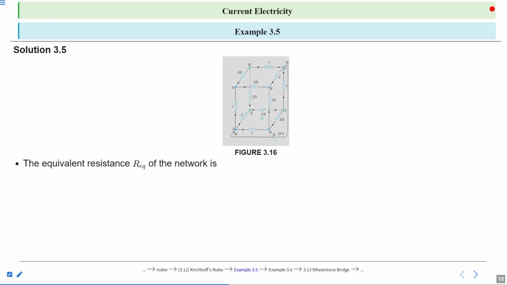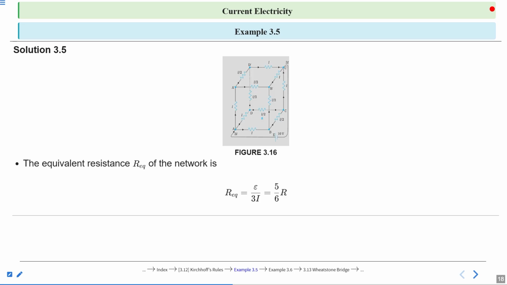The equivalent resistance R equivalent of the network is, now we can find R equivalent, which is the EMF of the battery upon the current flowing through the circuit. So what is the EMF? Epsilon, which is 10 volt. And what is the total current flowing through the circuit? It is 3I, the initial current.